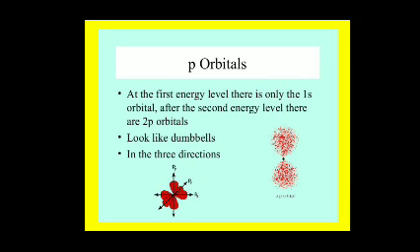P orbital. At the first energy level, there is only the 1s orbital. After the second energy level, there is the 2p orbital, which looks like a dumbbell shape in three directions.